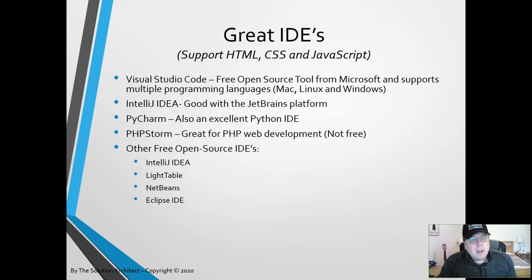There are others out there, IntelliJ, more on the JetBrains platform. You've got PyCharm, which all of these support HTML development. PyCharm is very good for Python development. You've got PHP Storm, which is more focused on PHP development, but it's not free.